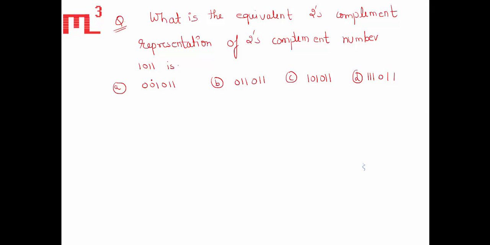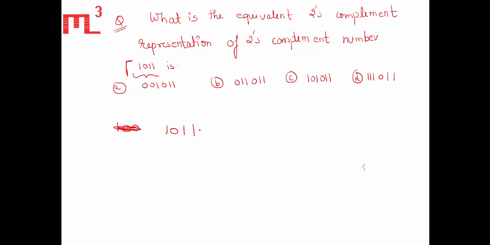So the next question is very crucial, because from this question you will learn a trick. What is the equivalent 2's complement representation of the 2's complement number 1011? That means it is some negative number. You have to tell which of these four options is equivalent to this number in 2's complement representation.